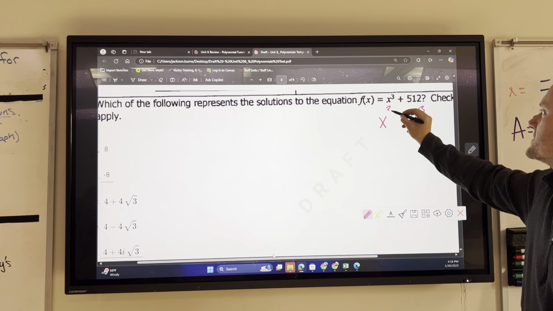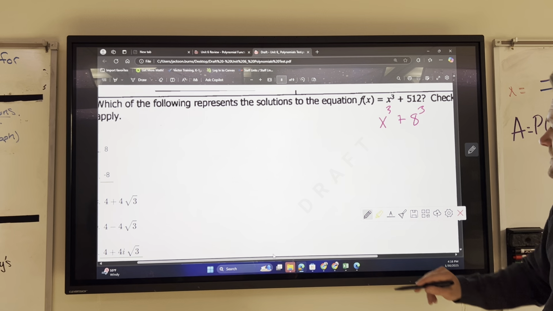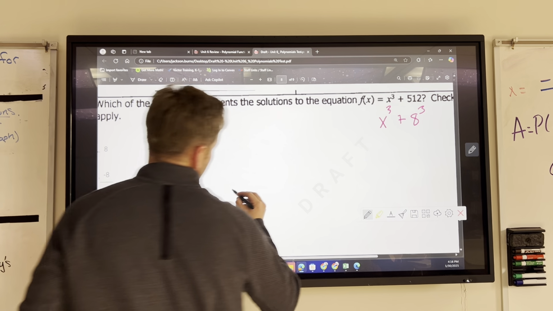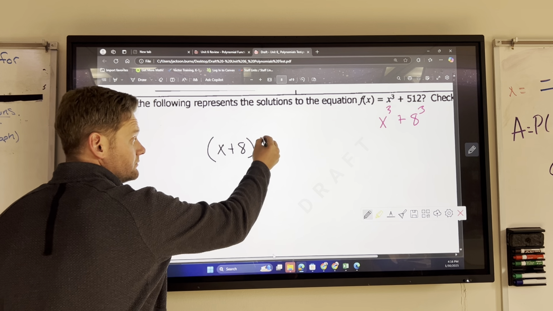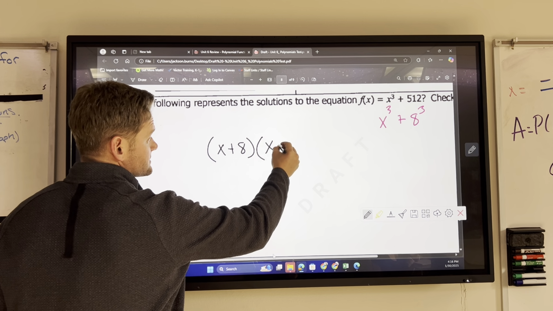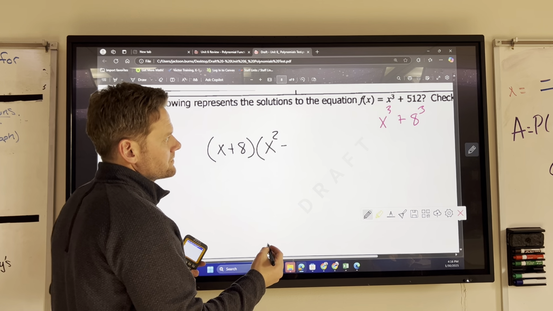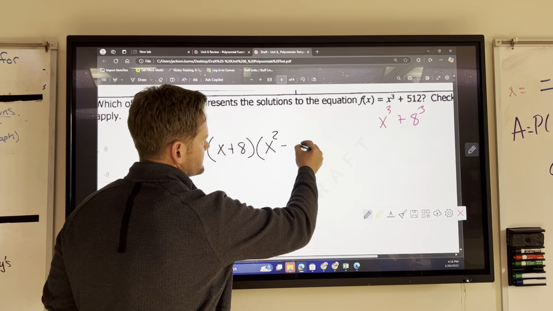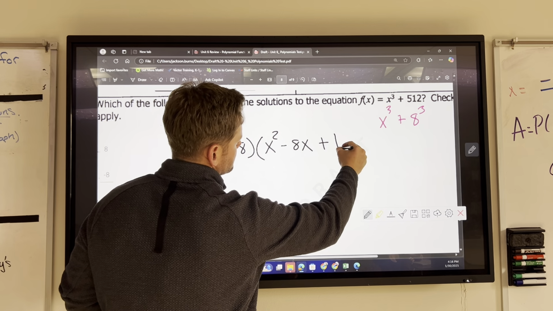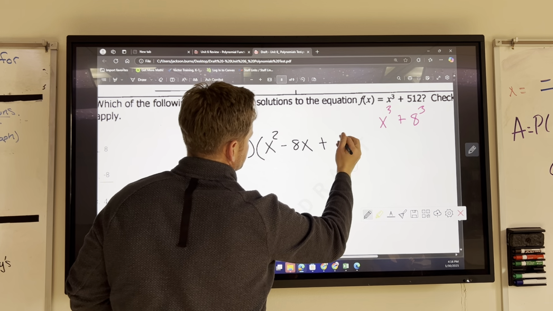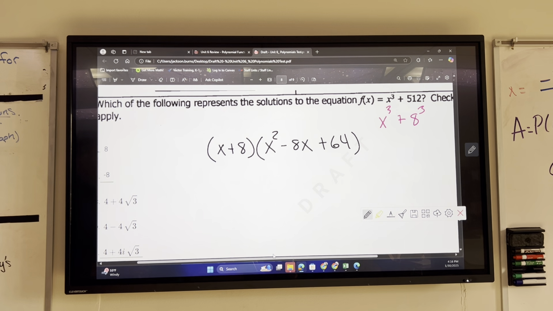So now I have x cubed plus 8 cubed. Well, that's a sum of cubes. So my automatic factor rule on that is going to be x plus 8, the same, then x squared minus, right, opposite, 8x, always plus, and it's going to be 64. Did I do that right?